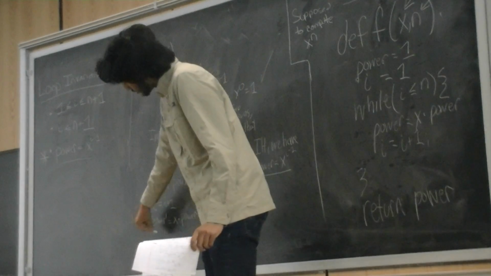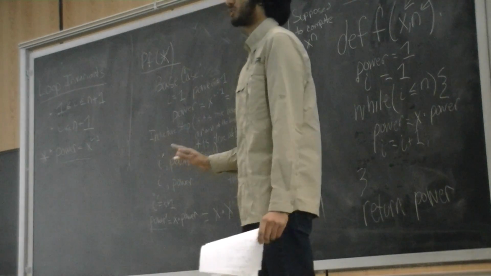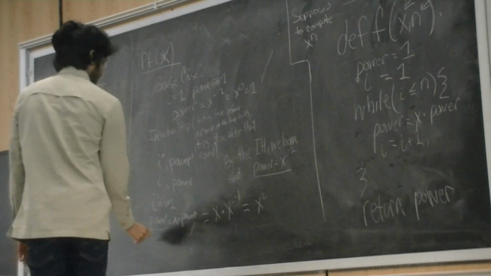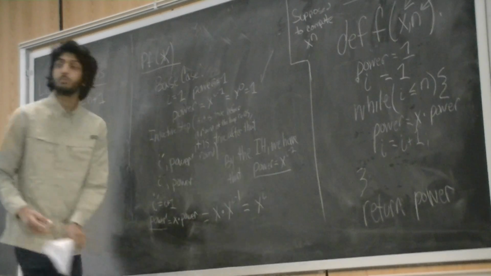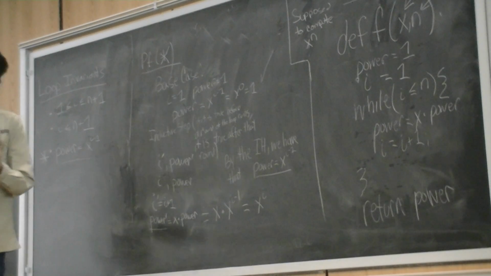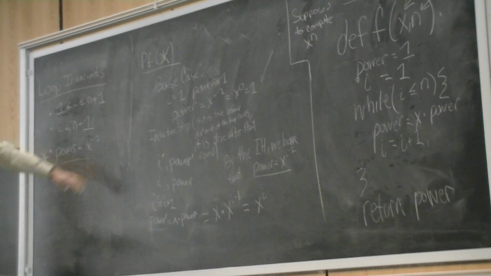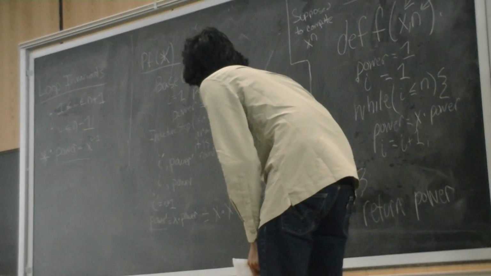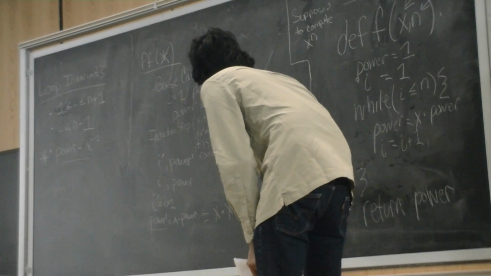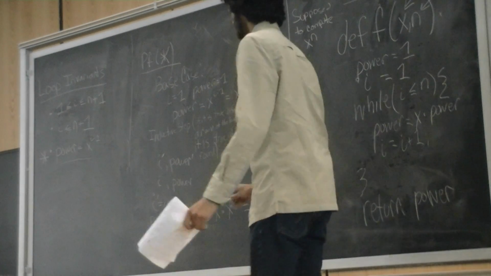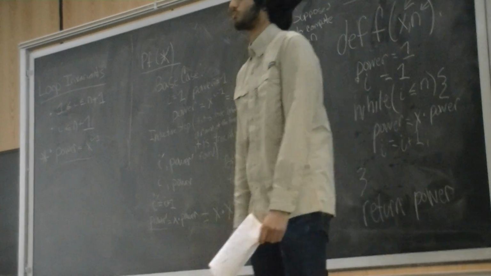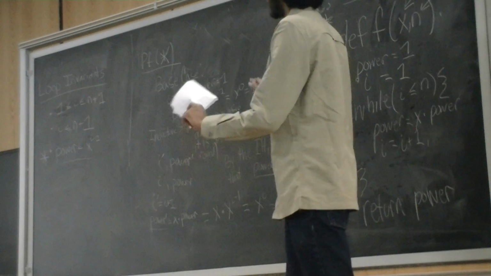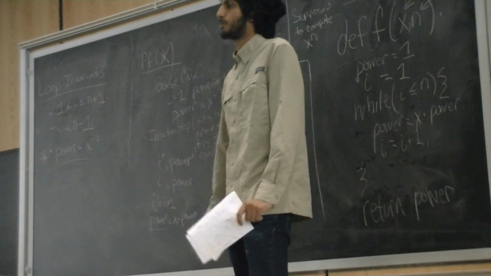I've figured out what the value of power prime is going to be, but it's not quite how I want it. Right now I have that power prime is equal to x to the I, but that I is the old I, and I want it in terms of the new I. So, in terms of the new I know that this is equal to x to the I prime minus 1, because I prime is equal to I plus 1. And thus I've shown that this loop invariant is true.